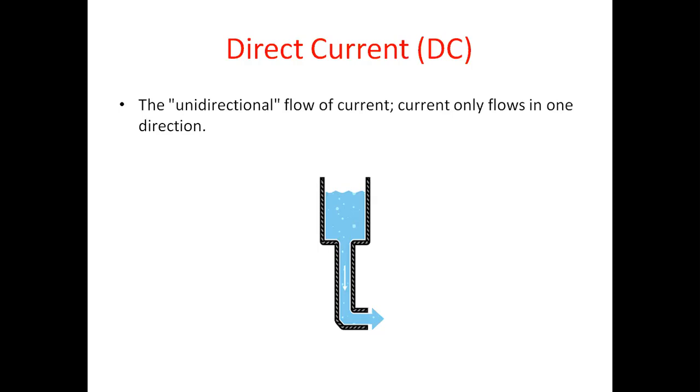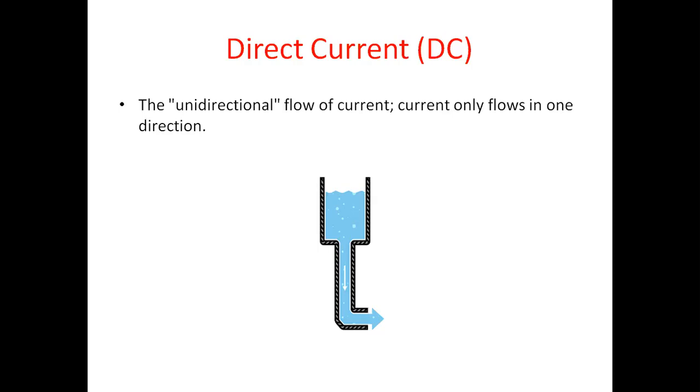Next, we will see how direct current is generated. What are the sources or causes of direct current? Direct current can be generated in different ways. First, an AC generator equipped with a device called a commutator can produce direct current.